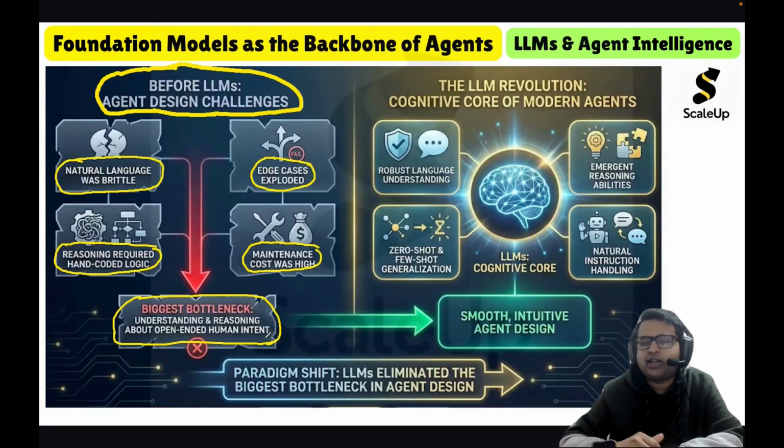Like I cannot say to a computing system that okay, I'm feeling hungry, I feel like eating something. Then it will get confused. It will start giving you some very weird responses. But large language models can handle it. It's an open-ended human intent that I want to eat something.